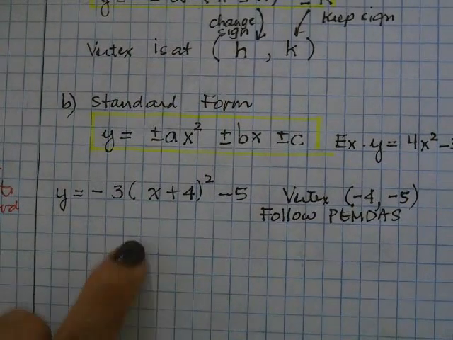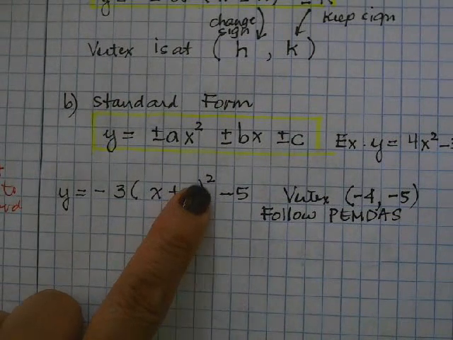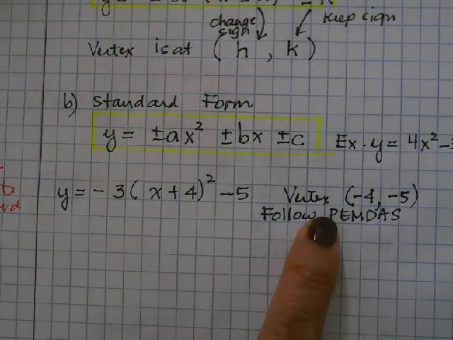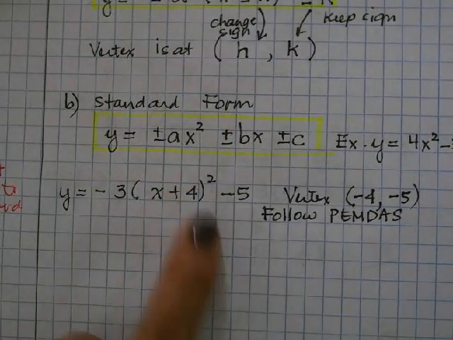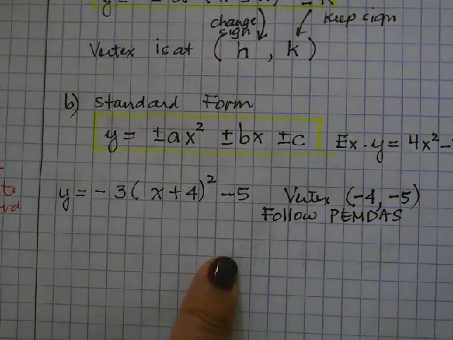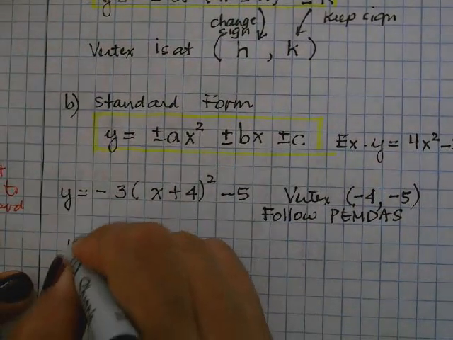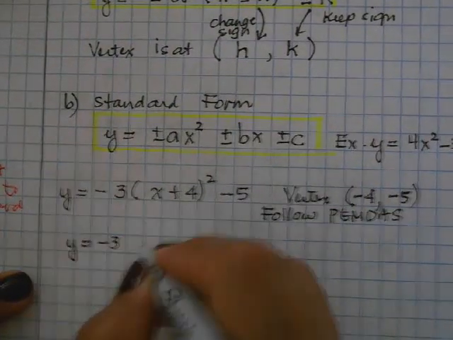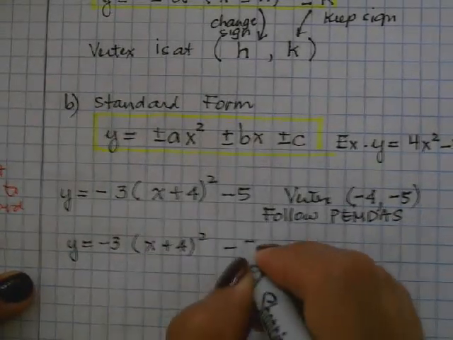The first one is parenthesis and exponent, so we take these two together. Let's write it here: y equals negative 3 times x plus 4 squared minus 5.